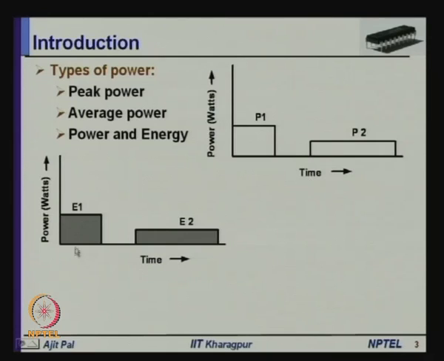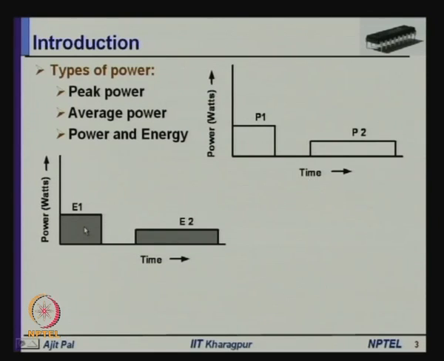For example, in this particular plot we have that power dissipation was P1 and over a period of time T1. So, E1 is the energy which is represented by the area under this rectangle, area of this rectangle.